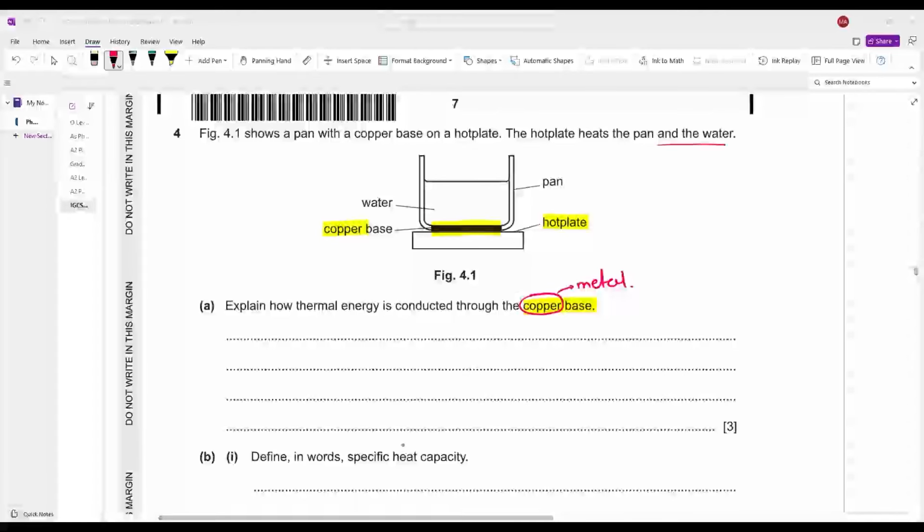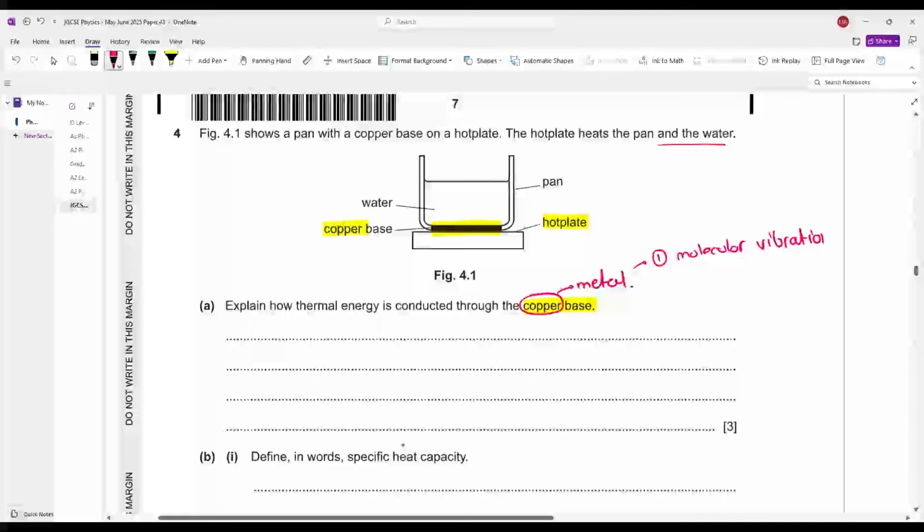Let's see. In metal, there are two ways through which you can conduct heat: molecular vibrations. What is the second method through which you can conduct heat in the copper base? Free electrons. In the copper base, heat is transferred in two ways: molecular vibration and free electrons. So you can write both of them.